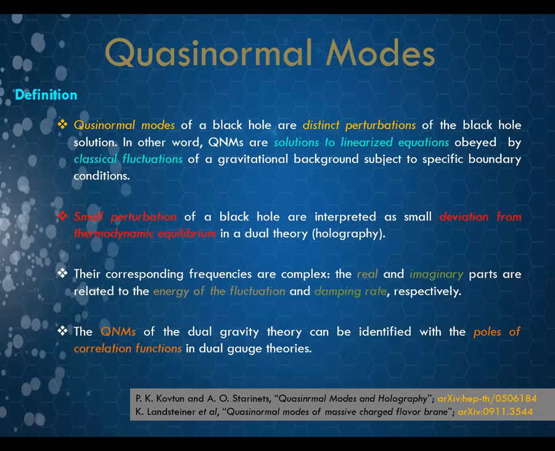And based on holography, the quasi-normal modes are equivalent to poles of the correlation function or retarded Green function in the field theory. And the quasi-normal frequencies are complex, where the real part is the energy of the fluctuation and the imaginary part is the damping rate.